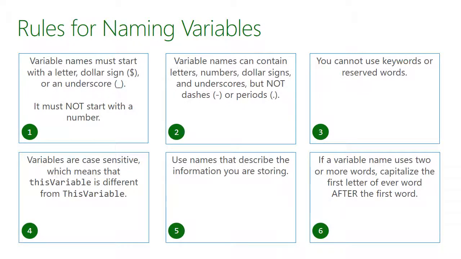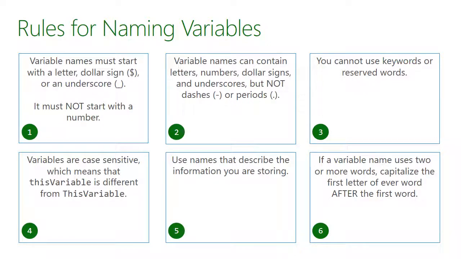These are the rules for naming variables in JavaScript. Firstly, variable names must start with a letter, $, or an underscore. It must not start with a number. The second rule is that variable names can contain letters, numbers, $, and underscores, but not dashes or periods. You cannot use keywords or reserved words.